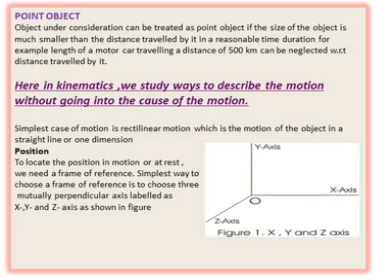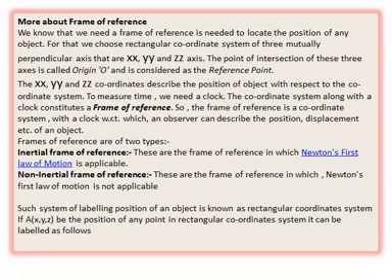And as you have done in your lower classes in mathematics, the simplest way to choose a frame of reference is to choose three mutually perpendicular axes labeled as x-axis, y-axis and z-axis as shown in the adjacent figure. And to locate the position of an object, you need a frame of reference. A frame of reference is a coordinate system along with a clock.